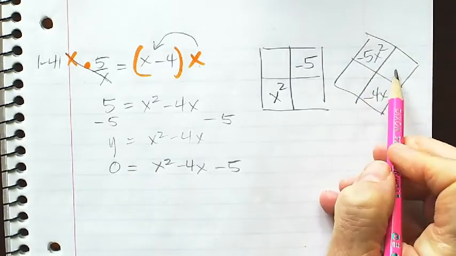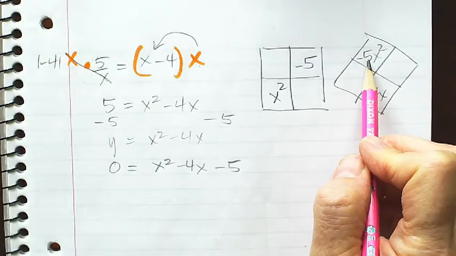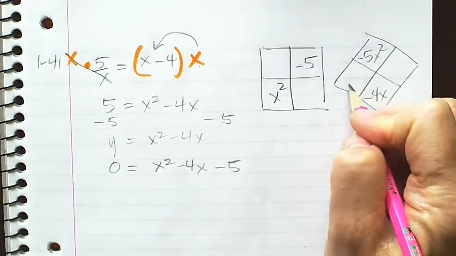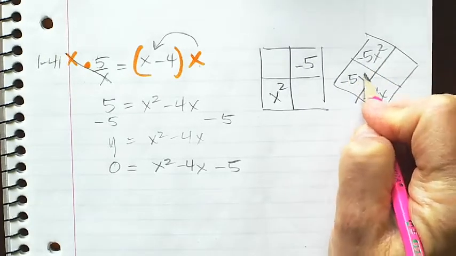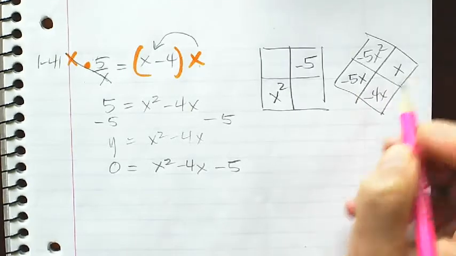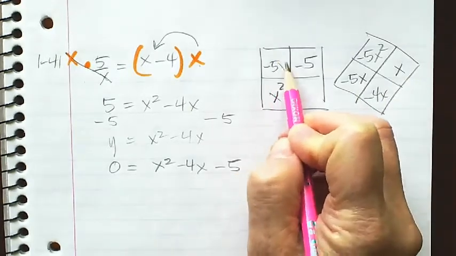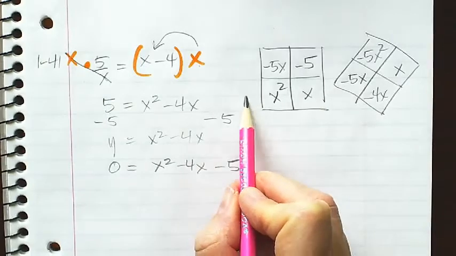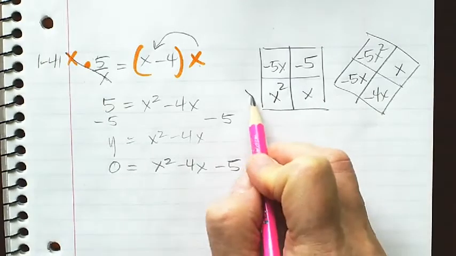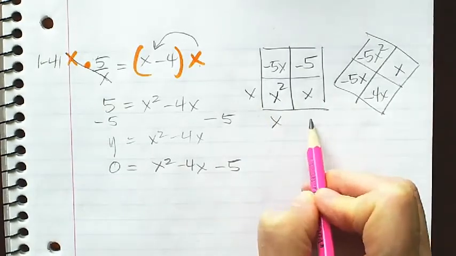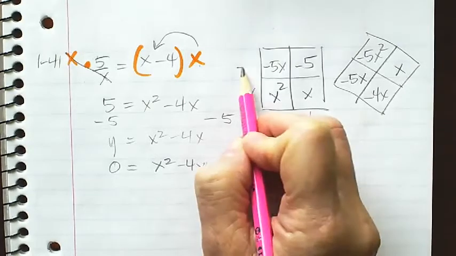So I'm looking for two numbers, the product of which is negative 5, the sum is negative 4. Okay, what can I multiply to get x squared? x times 1 is x, x times negative 5 is 5x.